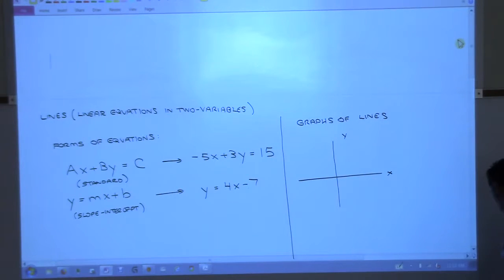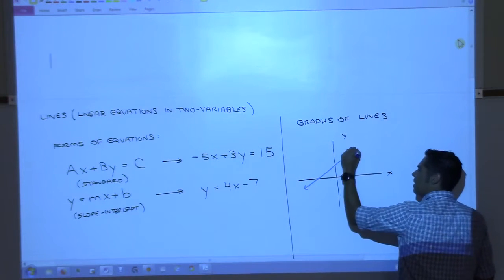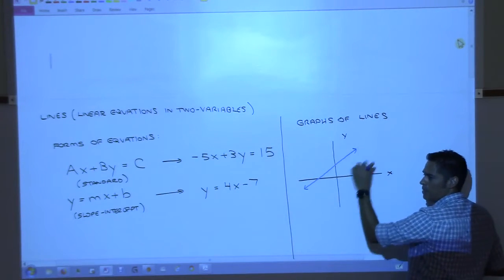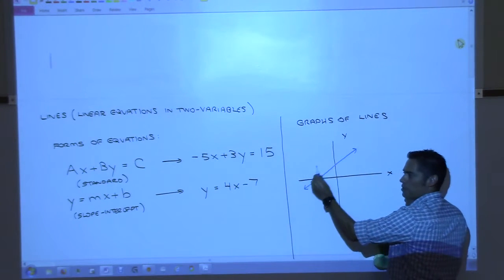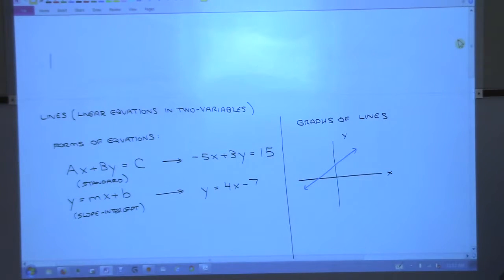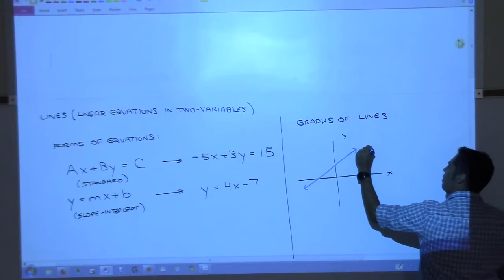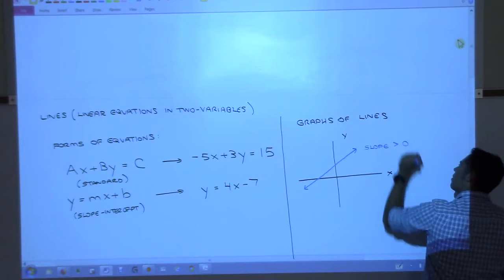You could have a line that tilts up if you were reading this from left to right, or if you were on a little roller coaster, you'd be going up here, wouldn't you? So you could have a line that tilts up a little bit. In this case, we say that the slope of the line is positive, greater than 0.